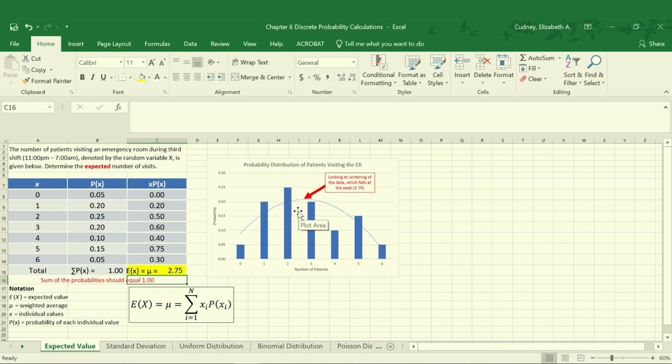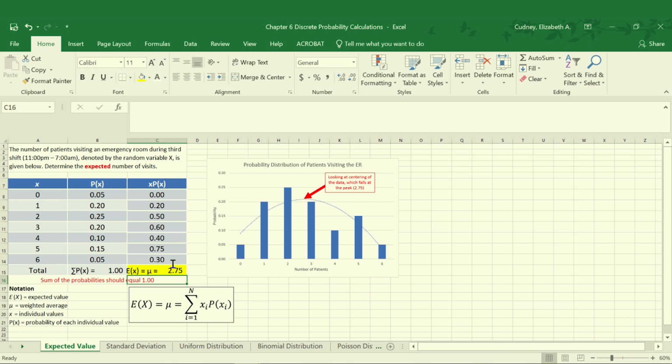From a staffing or managerial perspective, to run any business, whether it's an ER or any other type of company, I can use this value then to understand how many customers, or in this case, patients, are going to come in. And then I can staff and plan accordingly.